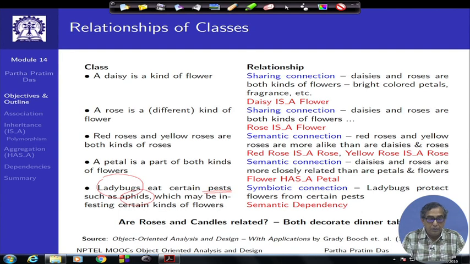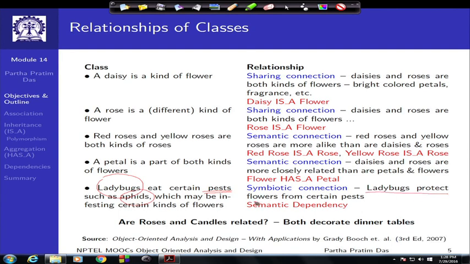But this is also an important relationship, because I can say that the ladybug protects the flowers from certain pests. So, in my object model of this reality, we would like to model this kind of semantic dependency as well.